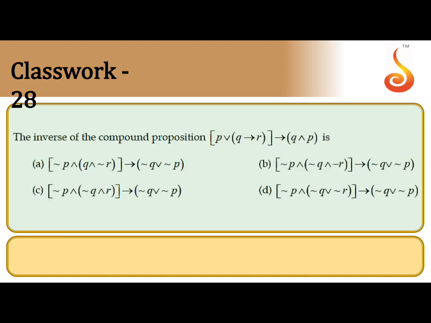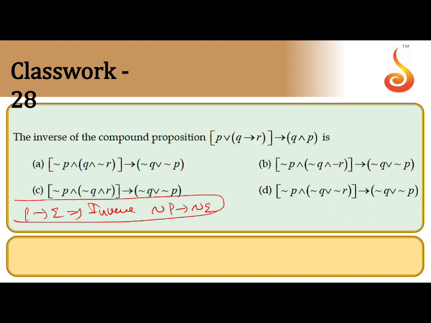Next. Here, the inverse of the compound proposition. Inverse, what I told: for P implies Q, the inverse is negation of P implies negation of Q. That is called inverse. So you can apply negation for this one and negation for this one to get the answer. So the inverse means negation of (P AND Q) implies negation of (Q AND R).